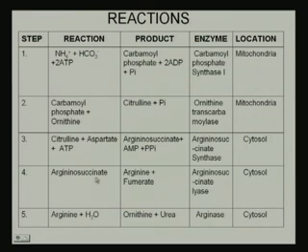Arginosuccinate, in the presence of arginosuccinate lyase, undergoes a lytic, breakdown process, forming arginine and fumarate in the cytoplasmic fluid of the cell. Arginine, in the presence of water, is converted to ornithine and urea.